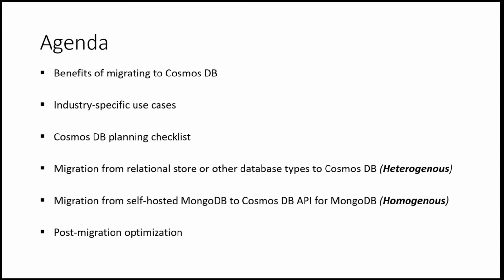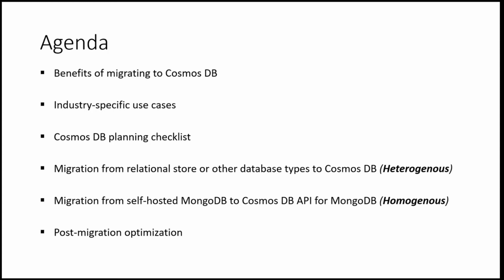We will talk about two types of migration today. One is heterogeneous migration, where you migrate between different styles of databases. One example could be relational to document style database. The second type is homogeneous migration, which is migrating between the same types of database.